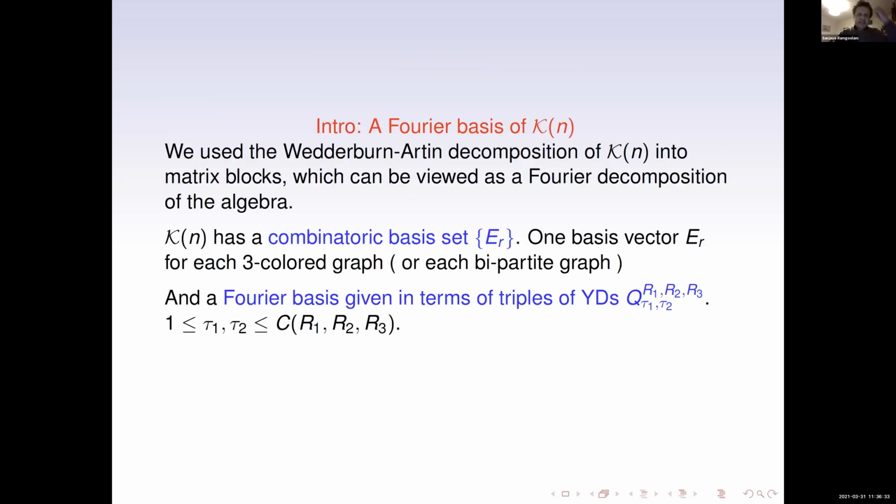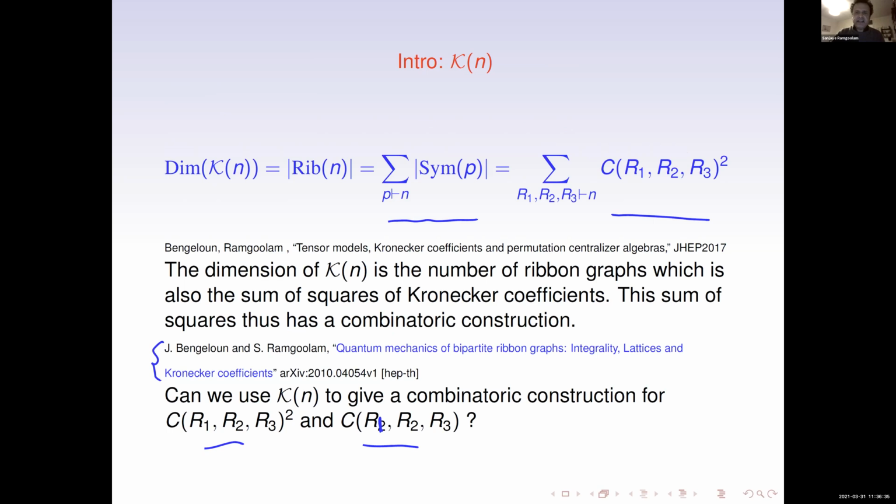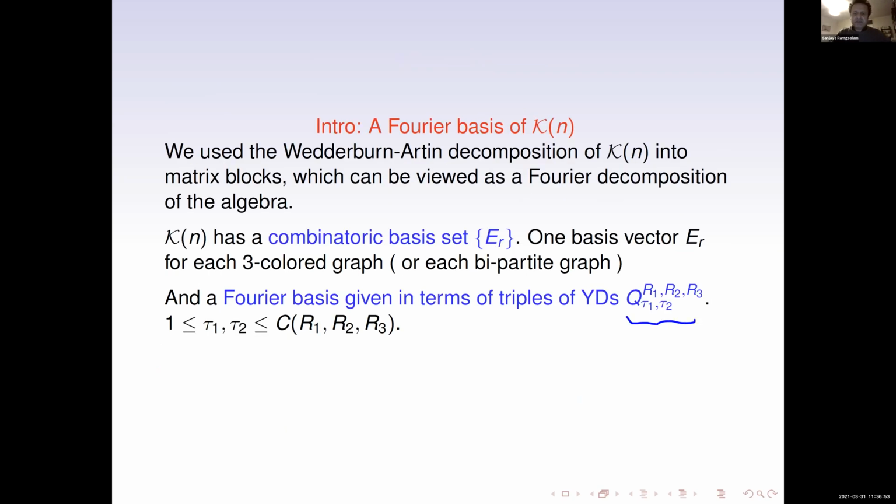So the key idea to refine this correspondence between these sums is to understand on K of n, we already have this geometric basis, the ribbon graph basis, but there's also kind of a Fourier transform basis, which is labeled by triples of Young diagrams. So there's going to be something else, which is a basis for K of n, labeled by triples of Young diagrams: Q, R1, R2, R3, and tau 1 and tau 2 are two indices that each go from 1 to the Kronecker coefficient.